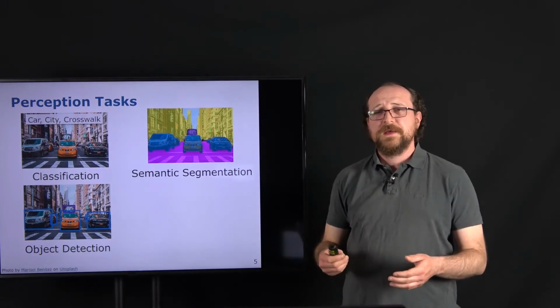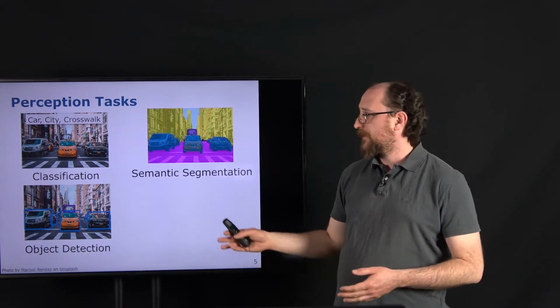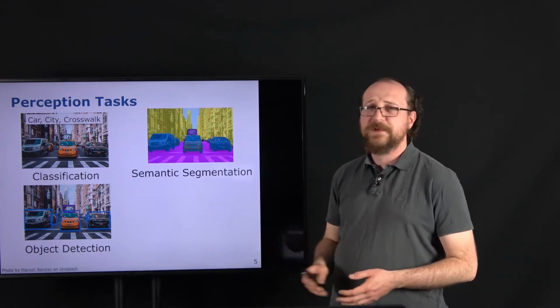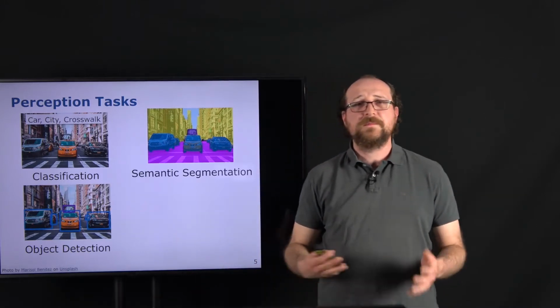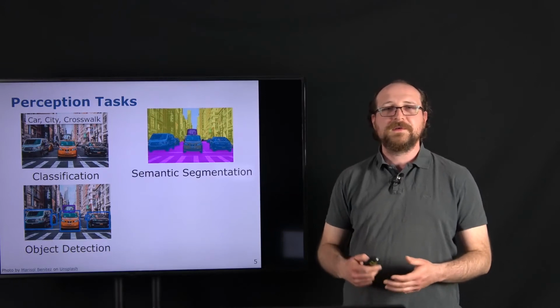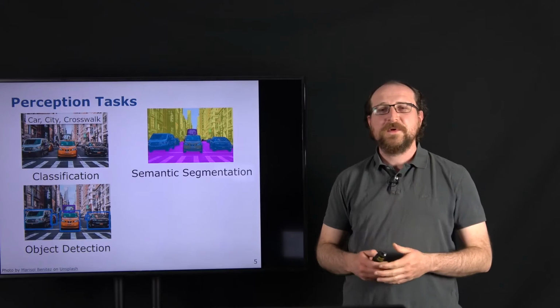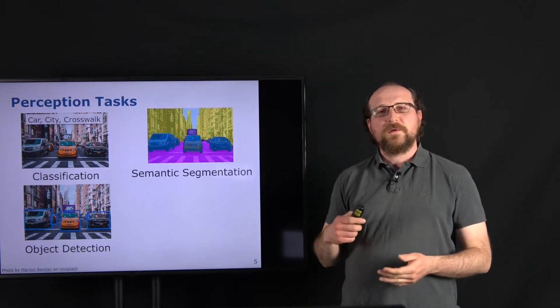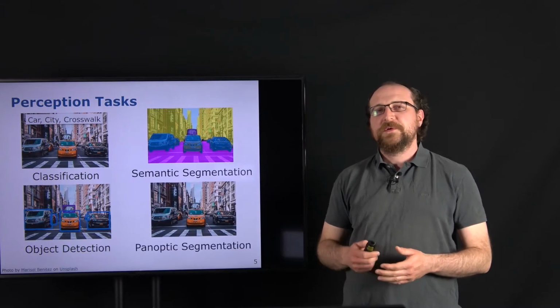Now the obvious next step is that, where we have a pixel-wise classification and we have the bounding boxes, we can also combine them together. This is a very recent task that came up, to combine both in a way that we have not only pixel-wise labels for the classes, but also instance information.